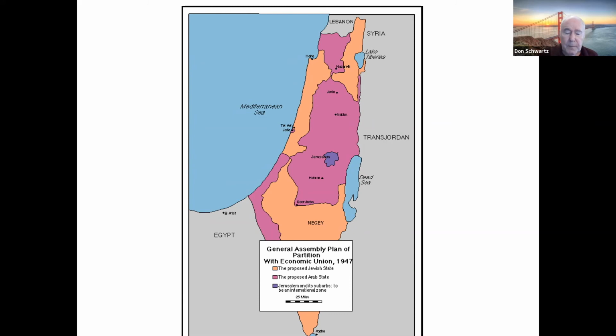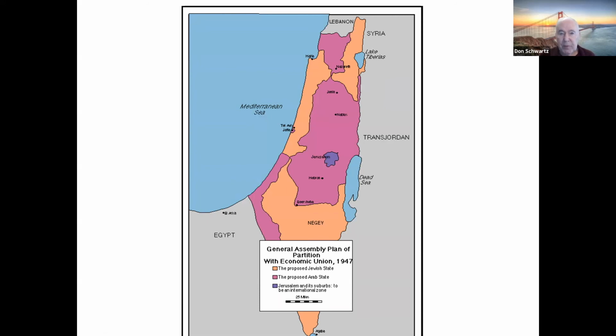And the partition plan called for international control of Jerusalem. Now, this partition was supposed to go into effect when the British would pull out of Palestine, and the date set for that was May 15th, 1948.